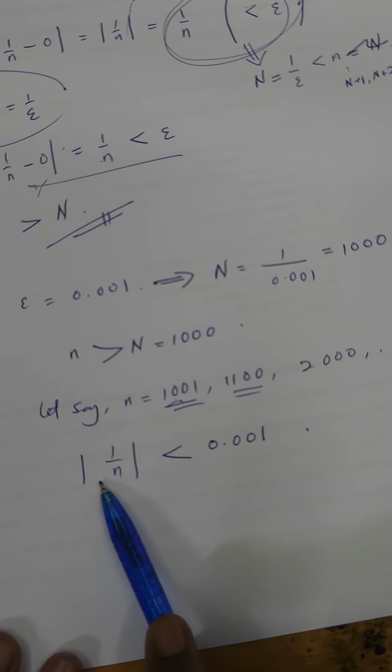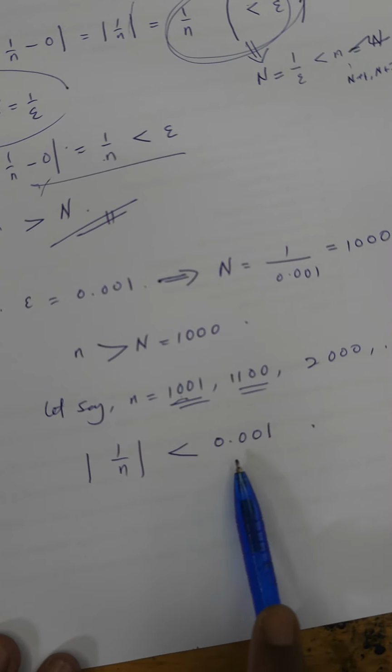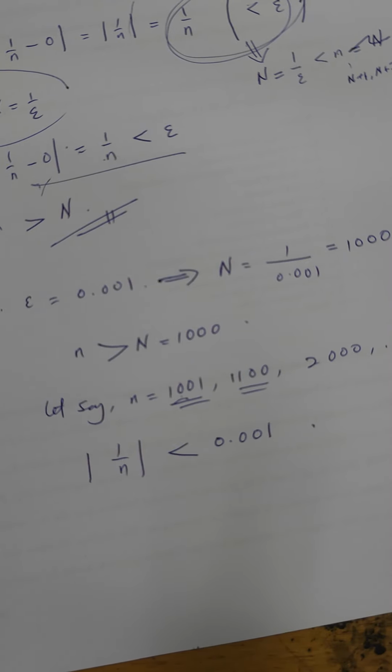You will find that the number is always less than 0.001. I'll give you another example on how to find the capital N in the next video, because I don't think I can proceed.